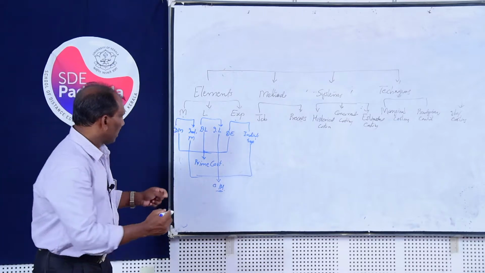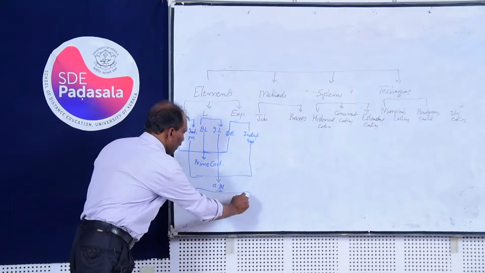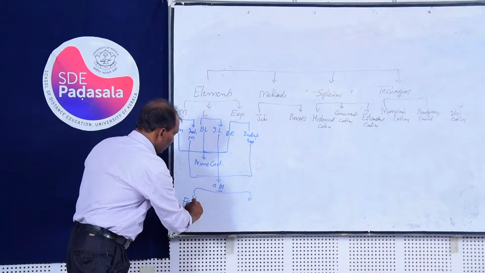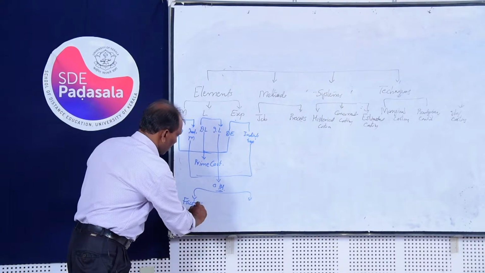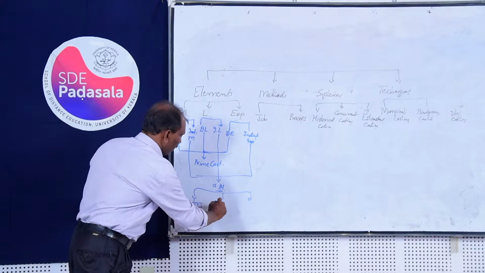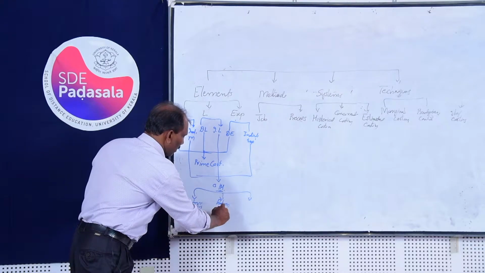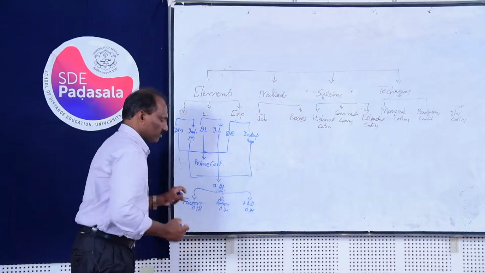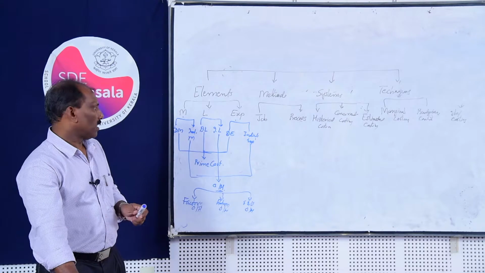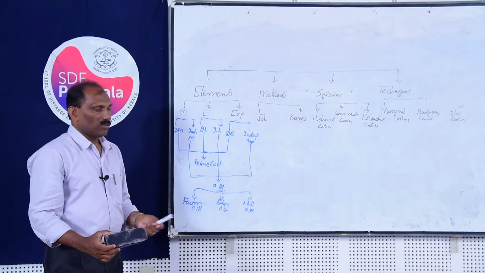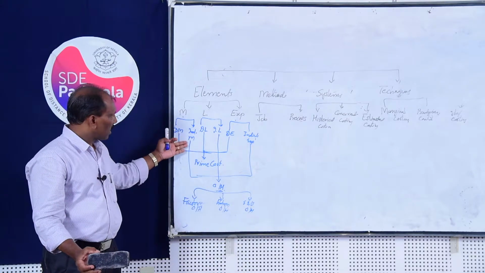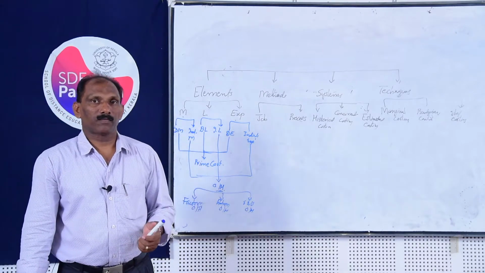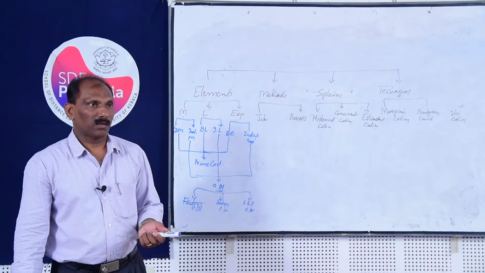This overhead can again be classified on the basis of function: factory overhead, administration overhead, selling and distribution overhead. So, we can discuss how the total cost of production is arrived while preparing a commodity.